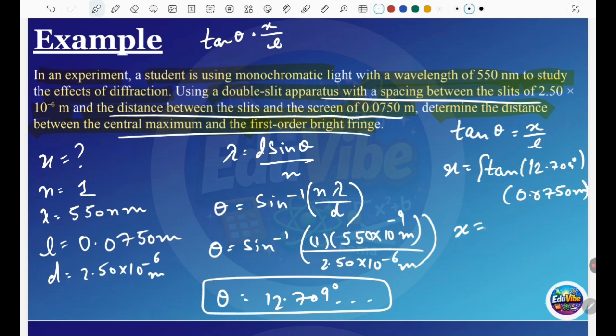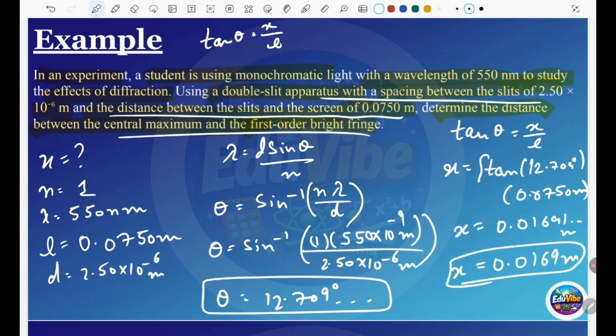When you put this in and solve it, you get 0.0169 meters. So this is your answer. So in this question, we cannot use the small angle approximation formula because the angle is not less than 10 degrees, it's greater than 10 degrees.